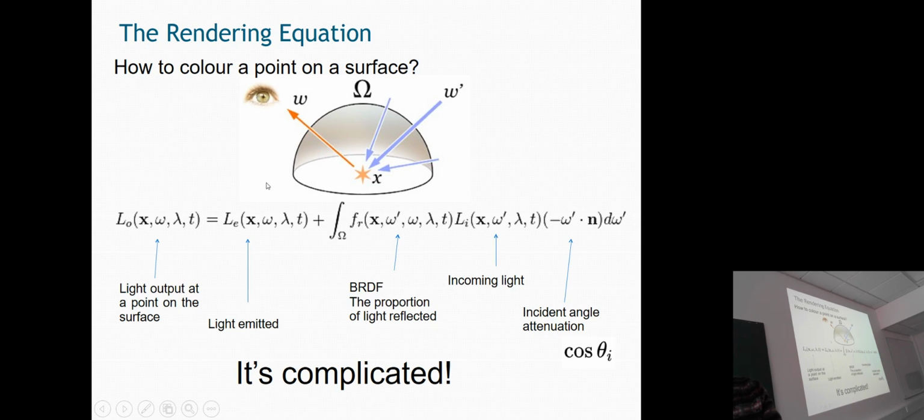And afterwards, you calculate the surface reflectance with the BRDF, which takes into account the surface color and surface properties, like how glossy it is.